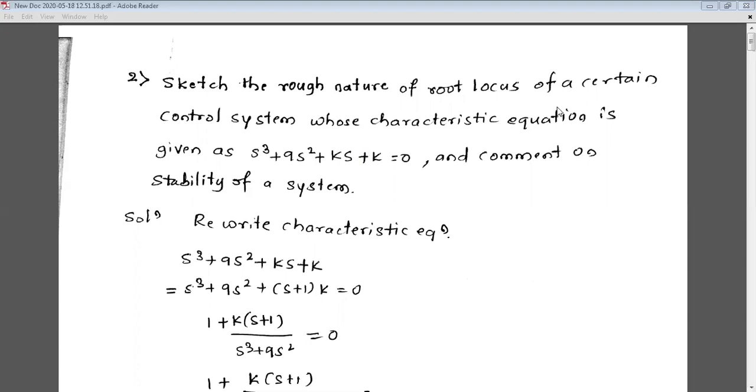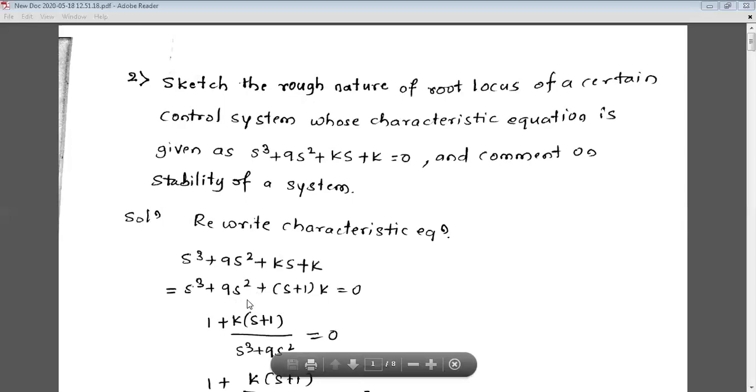Rewrite this equation as s^3 + 9s^2 + K(s + 1) = 0, taking K as the common term. I'll divide throughout by s^3 + 9s^2.